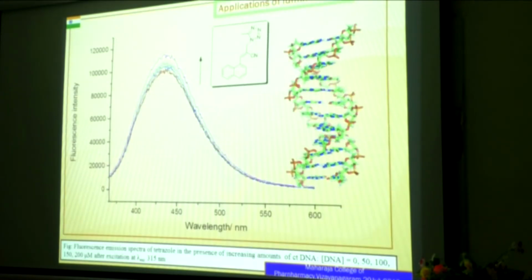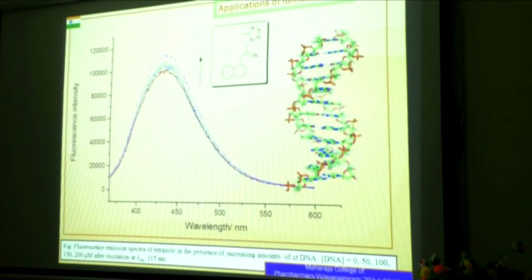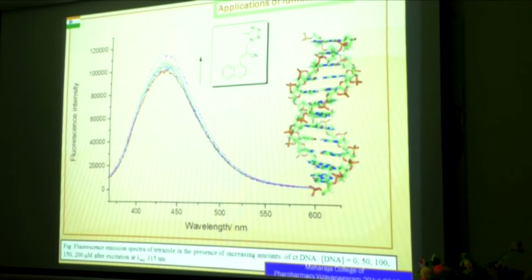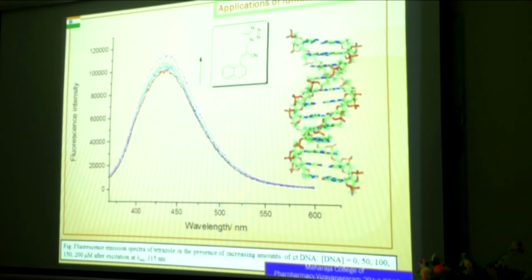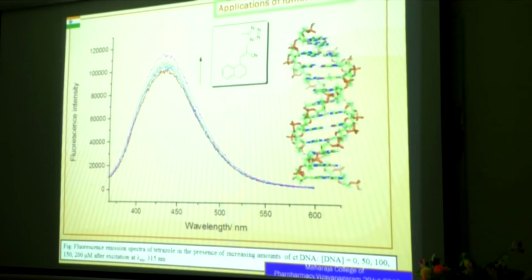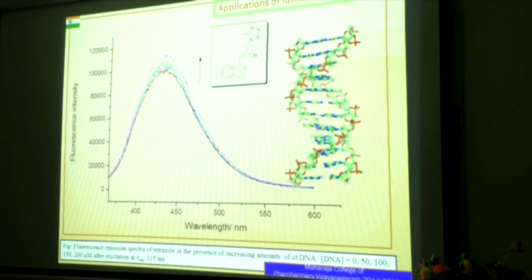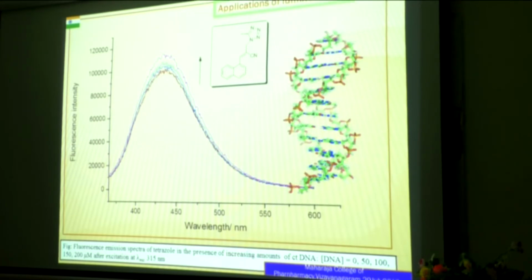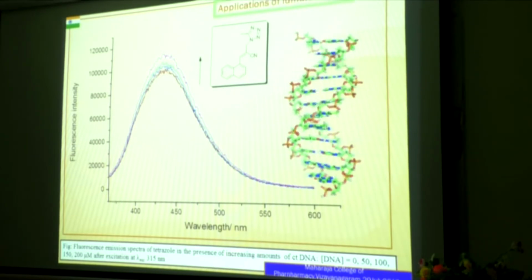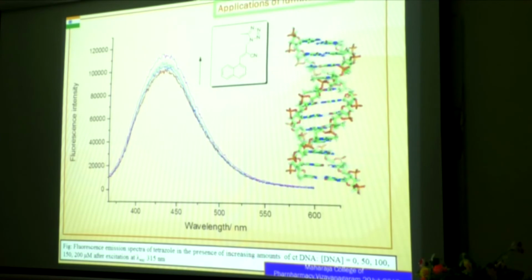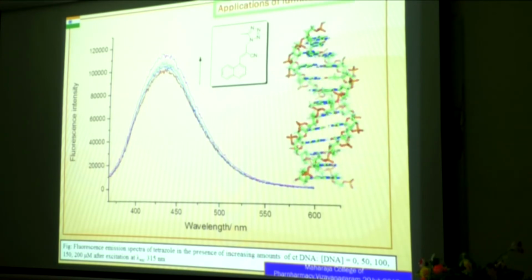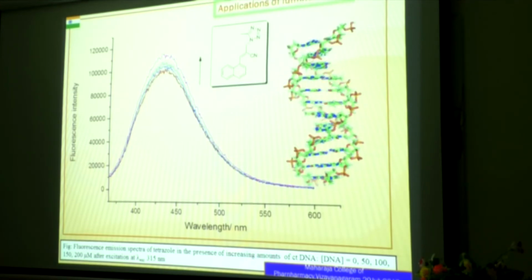Next slide. Suppose you prepared a chemical something like this, and you want to know whether it has anti-cancer activity or not. To exert anti-cancer activity, it should bind with DNA first. After binding the DNA, it may or may not exert anti-cancer activity.